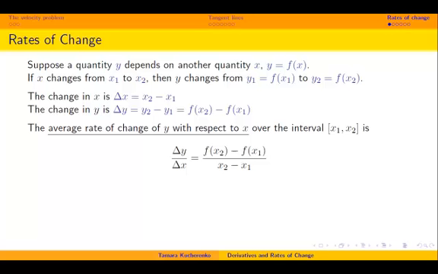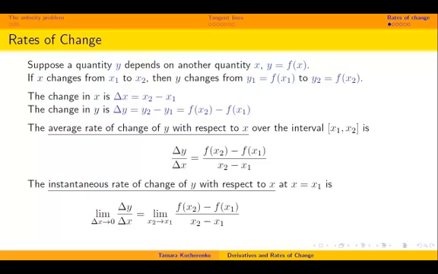By analogy with velocity, we consider the average rate of change over smaller and smaller intervals by letting x2 approach x1, and therefore letting delta x approach 0.